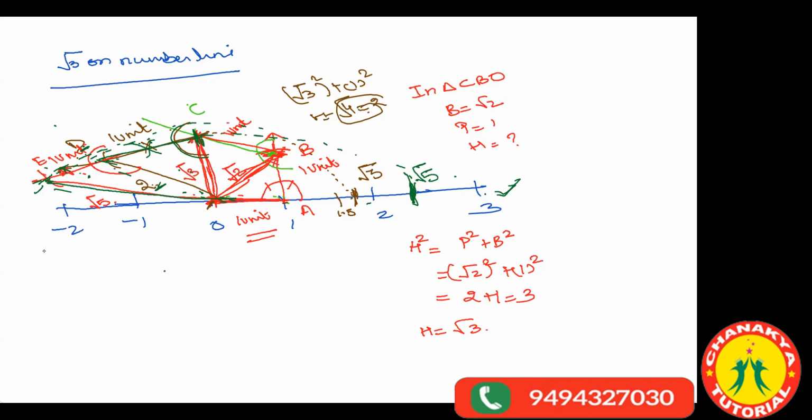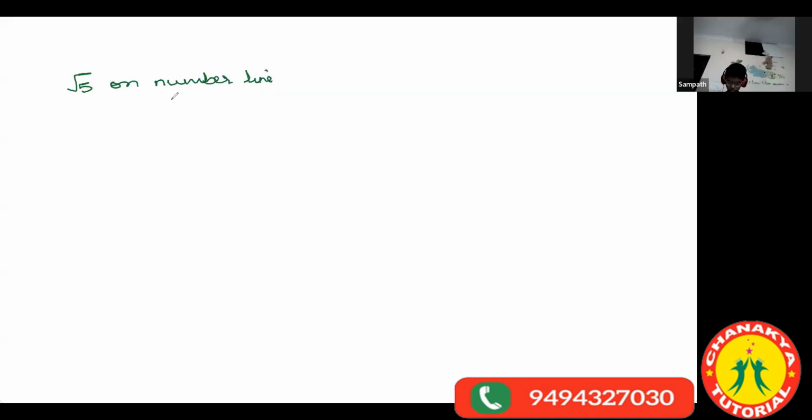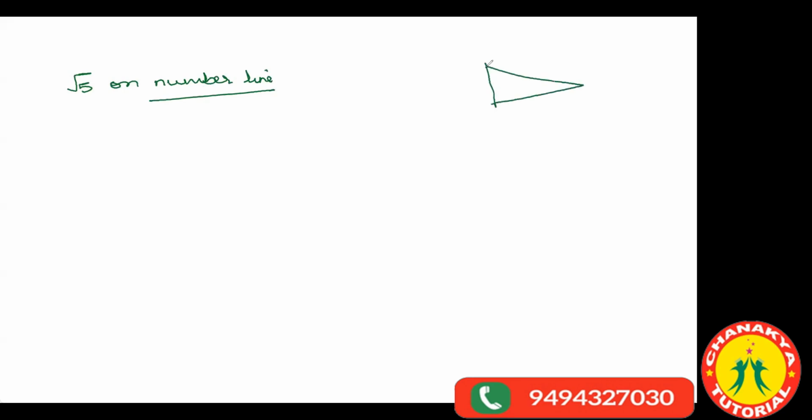Now one more method I am explaining. For representing root 5, you have to make a spiral. Clear? So root 5 on number line. See, suppose this is your right angle triangle. If you have taken this 2 units and this 1 unit, your hypotenuse value will be root 5 now.